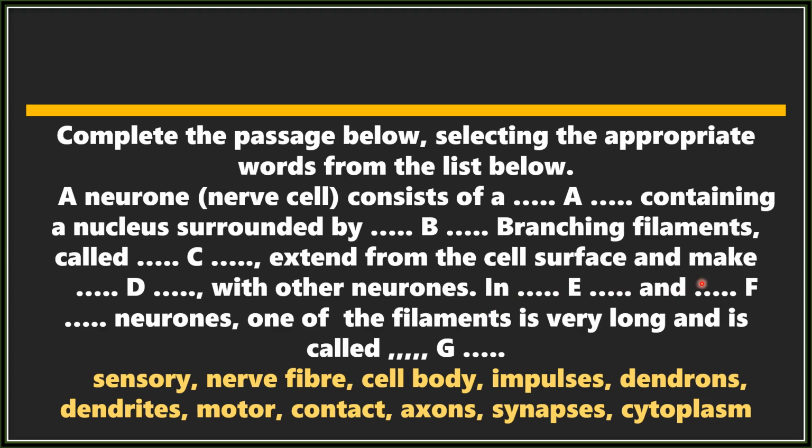In dash and dash neurons, one of the filaments is very long and is called dash. Sensory, nerve fiber, cell body, impulses, dendrons, dendrites, motor, contact, axons, synapses, cytoplasm.